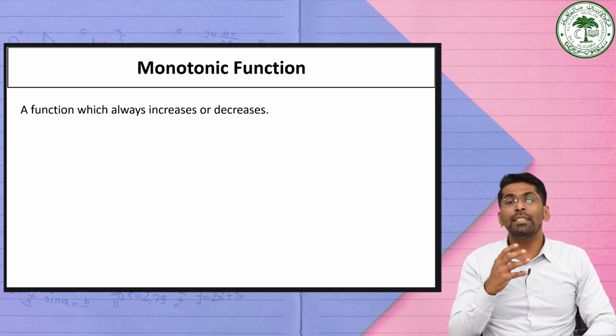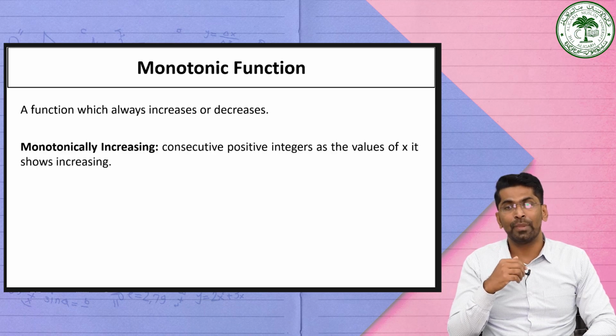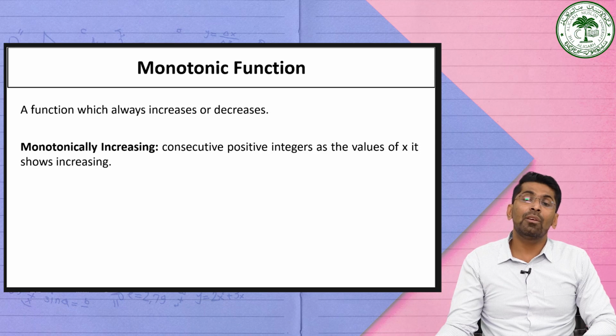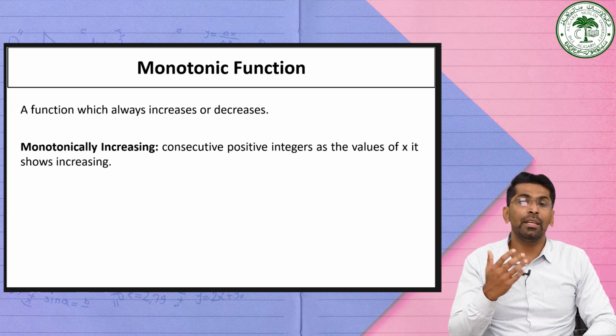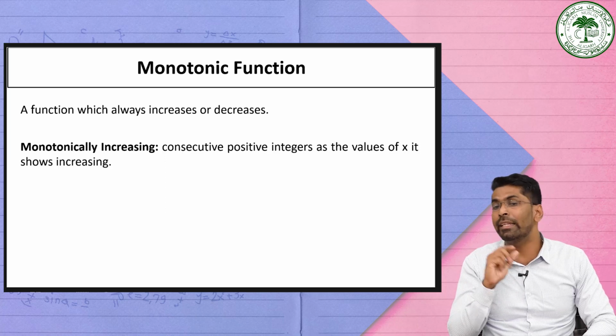What is a monotonically increasing function? When we assign consecutive positive integers as the value of x and it shows an increasing trend, then such a function is known as a monotonically increasing function.